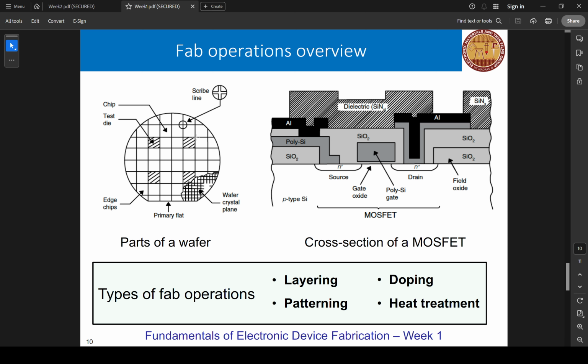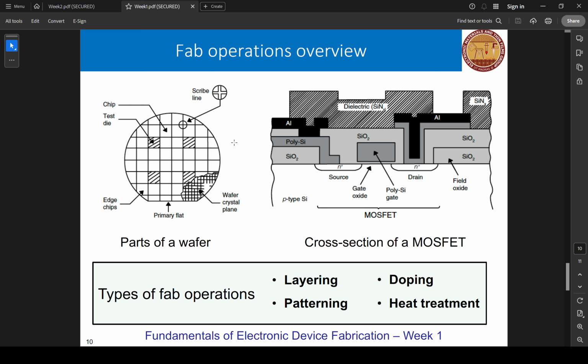They might cut some part of an IC in some cases, but mostly they leave some area for the wafer cutting. They know where they want to cut the wafer, so while fabrication, they are taking care of that.